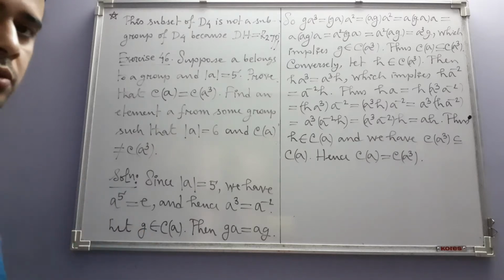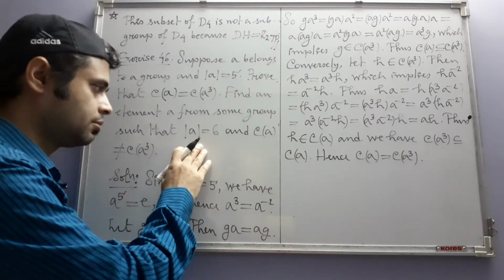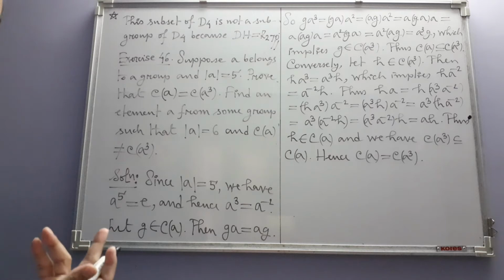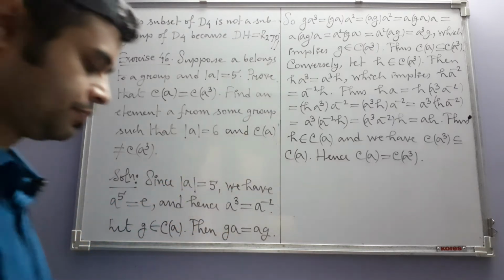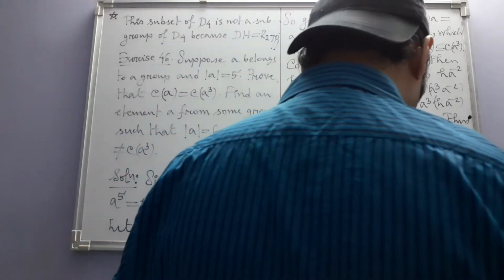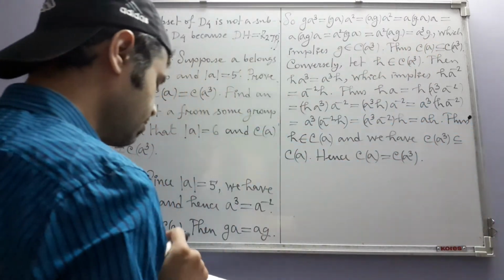Now we have to produce an example of an element from some group of order 6 for which this is not true, and that example again can be found in a dihedral group.